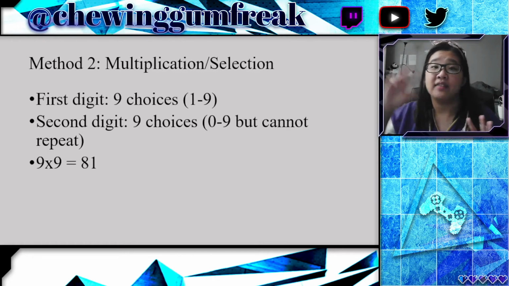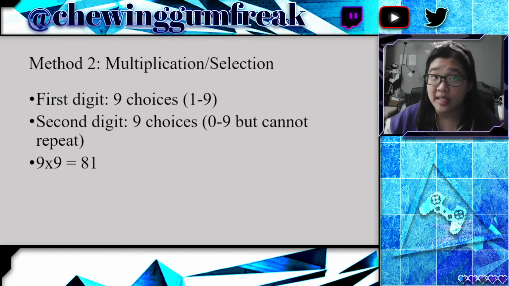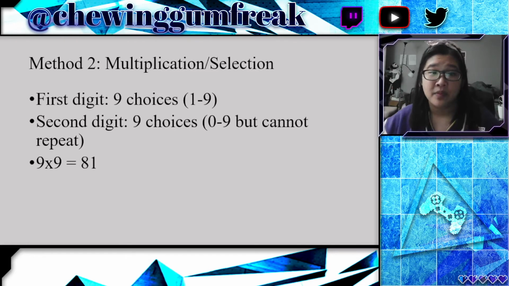And then you have the second digit, which is the units digit. So you also have 9 choices because you have from 0 to 9, so a total of 10 numbers, but you don't want the number that will repeat. So actually you only have 9 total options for each unit digit.